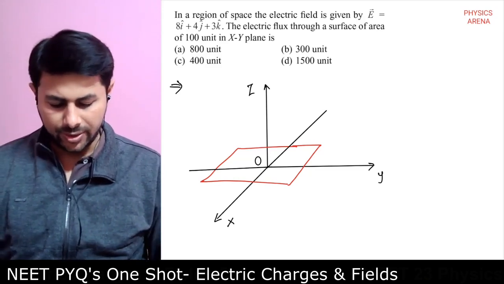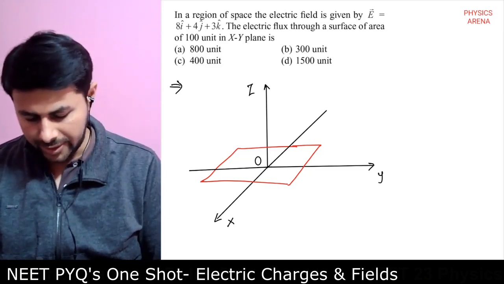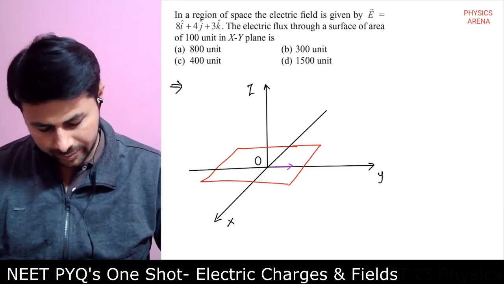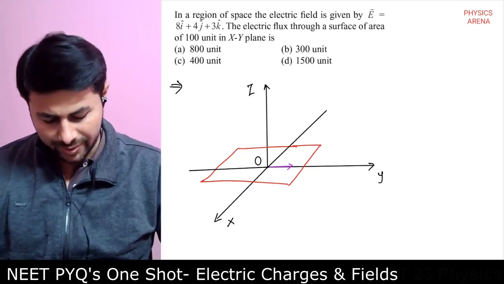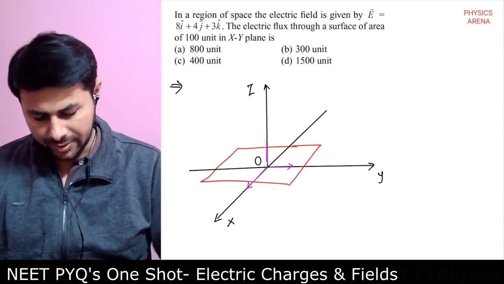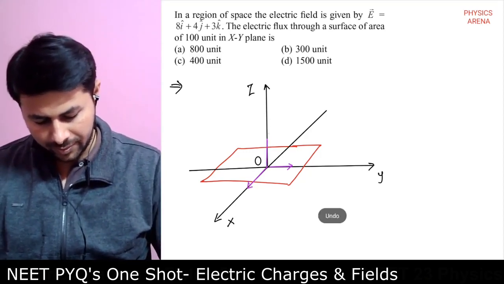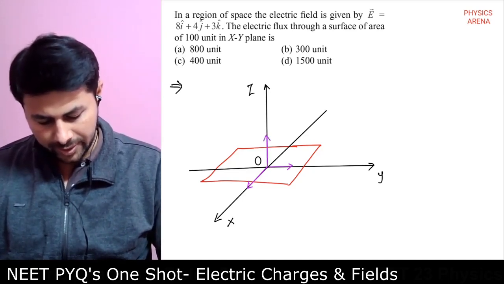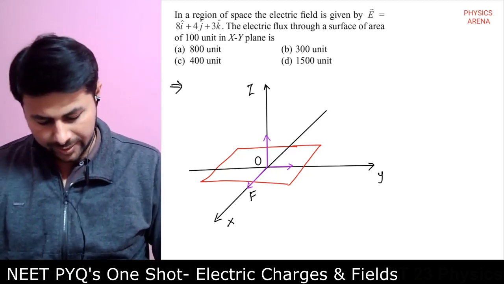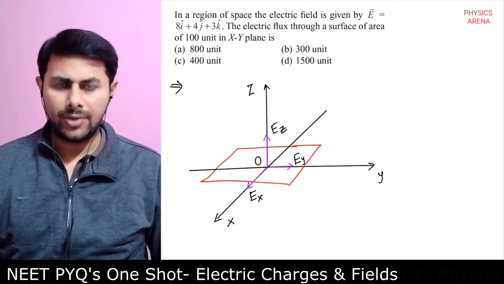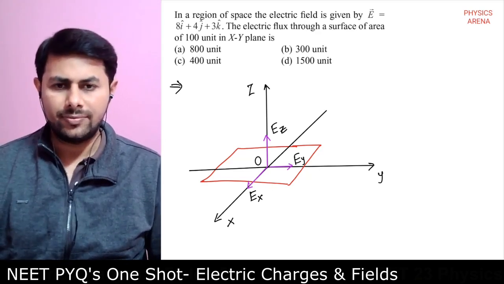So the electric field will have three components: one is Ex, one is Ey, and one is Ez. Out of these three components, which component of electric field is actually cutting the area?